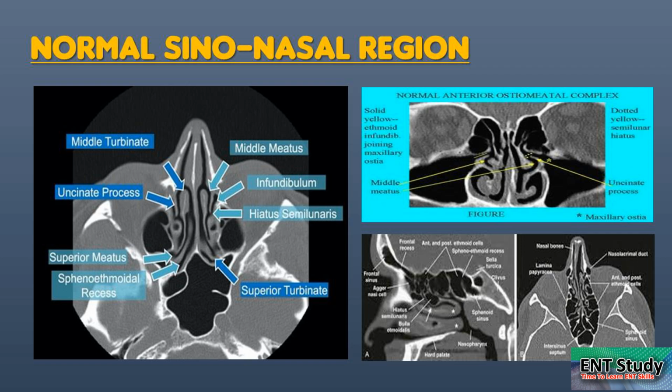They are outlined beautifully. All you have to remember is that frontal is anterior, the ethmoids are somewhere in the middle, and the sphenoids are posterior. So look at the connections between these fine canals which communicate with each other.